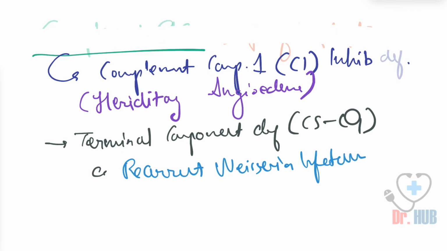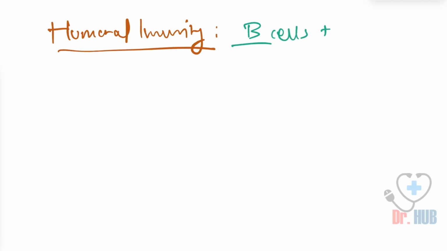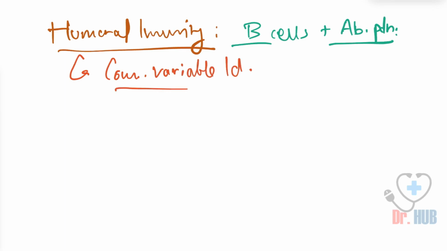So now we'll move on to answering our questions. What is the first question we asked? The first question we asked was about the humoral immunity. So what are the examples? Humoral immunity disorders are nothing but the problems with the B cells plus the antibody production. The disorders here include the common variable immunodeficiency.